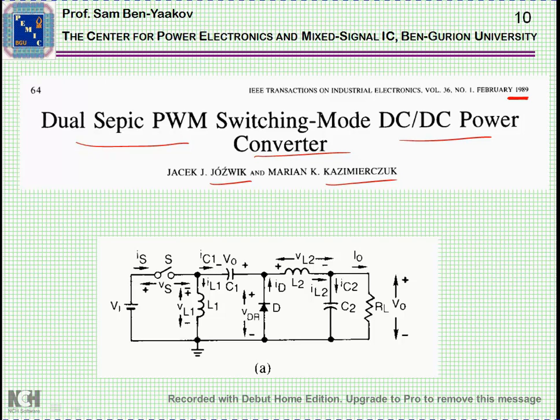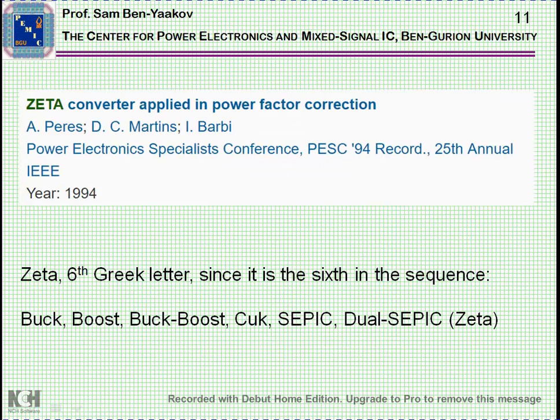So they called this circuit, which we have analyzed, the dual SEPIC, because it's like the SEPIC, except the reverse placement of the inductors. The first time, to my knowledge, that this circuit was called Zeta is in this paper by Perez, Martins, and Barbi, and it was published in 1994.